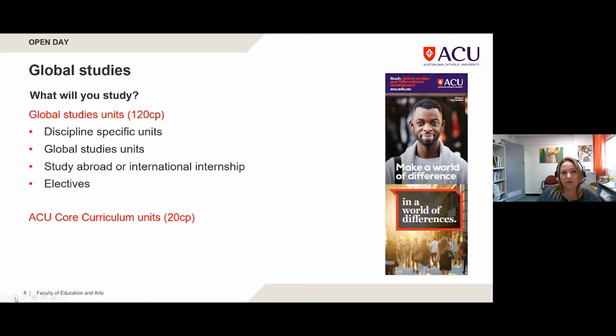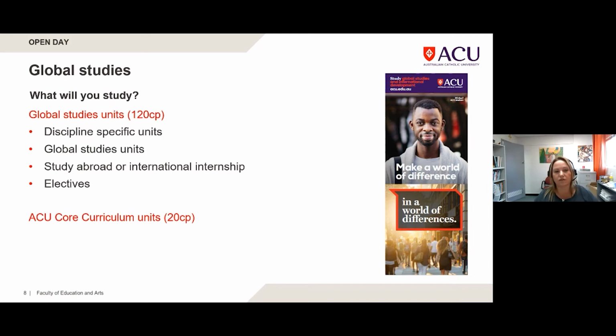So basically, in the whole dual degree structure, the global studies side of the dual degree is 120 credit points. Each unit of study is worth 10 credit points at ACU. So 120 credit points refers, loosely, to 12 units of study, and 3 of those units are compulsory subjects, each of which gives you that taster, as I was talking about earlier, of different aspects of global studies: history of global study, politics and international relations, and sociology.